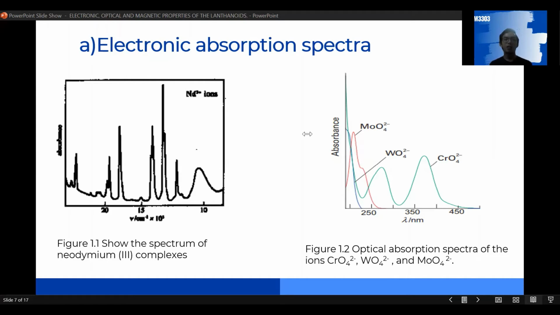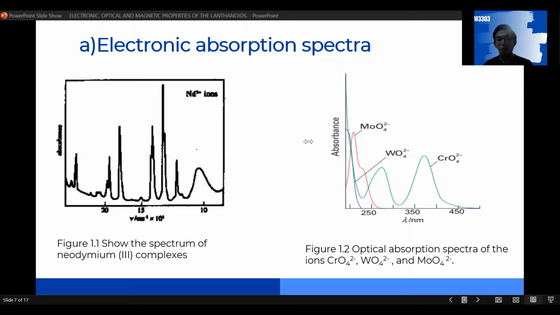The transitions involving only the redistribution of electrons within the 4f orbital are optically forbidden by the quantum mechanical selection rule. Consequently, the compounds of the lanthanide ions are generally pale in color.